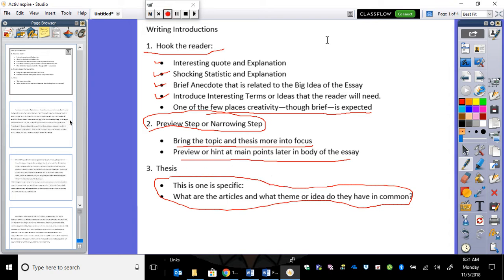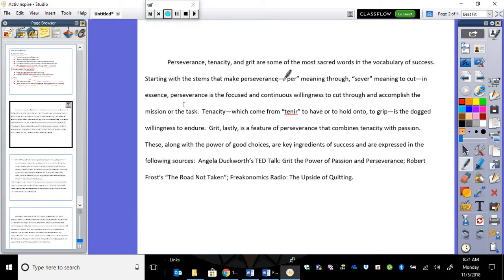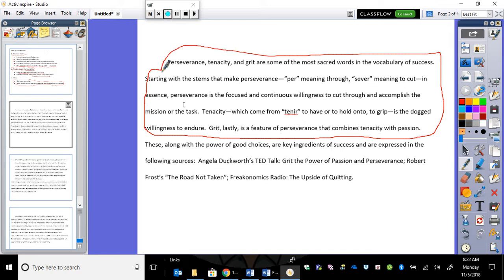So that said, I wrote a couple of exemplar essays. The first, or sorry, introductions. The first one is the one that was provided in the model. And what I did here is I started off with terms that had to do with the ideas in the essay. I knew that perseverance and tenacity and grit were very important.